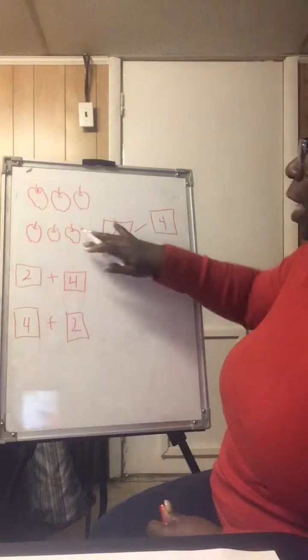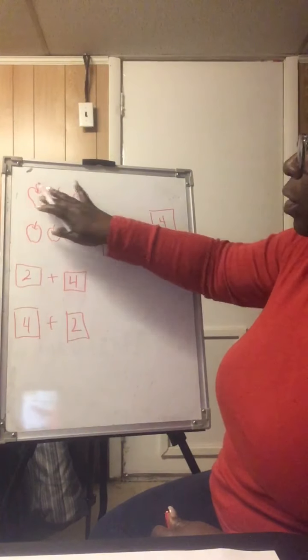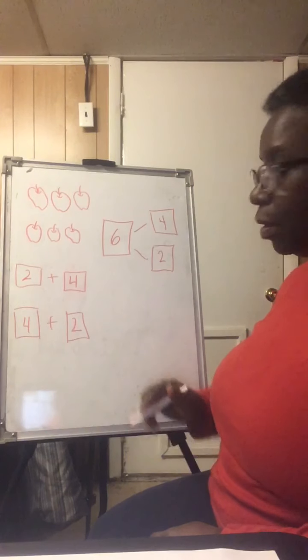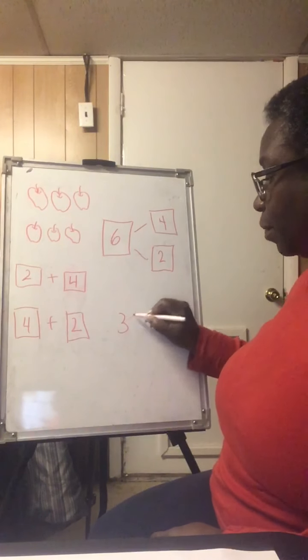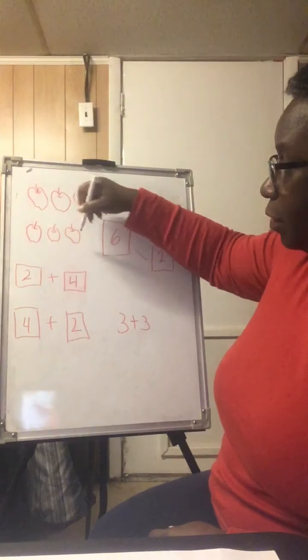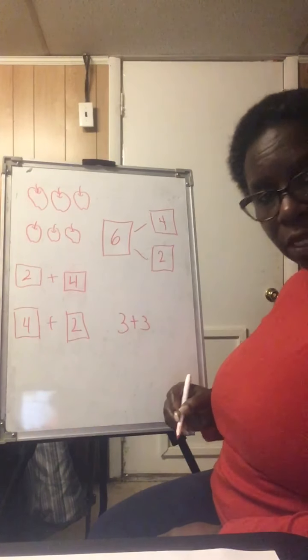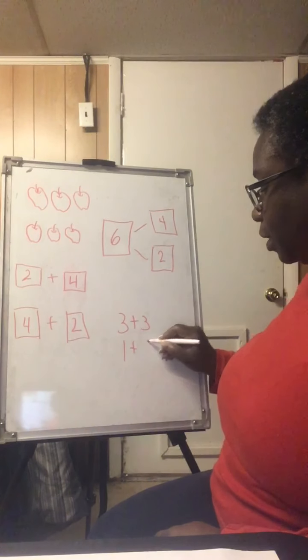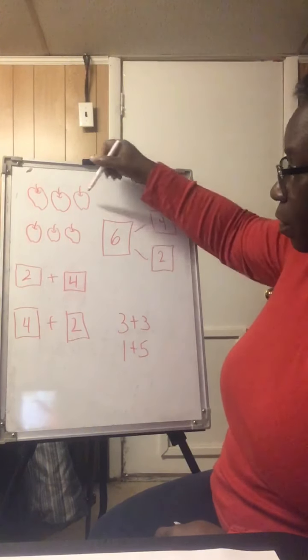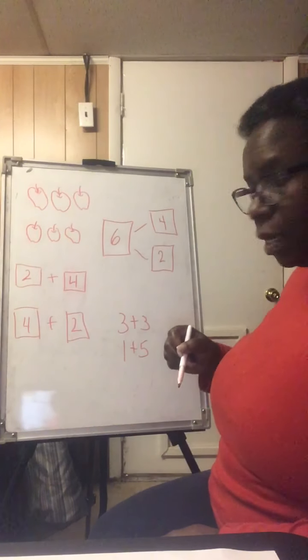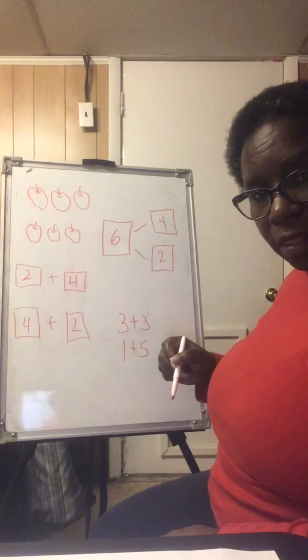You can see how many ways we can come up with that number sentence. So with looking at our apples, we did 4 and 2. What other ways can we do? We could do 3 plus 3, 1, 2, 3, 4, 5, 6. What else can you come up with? Right, 1 plus 5, 1, 2, 3, 4, 5, and 1 more. Let's see, is there one more we can come up with?